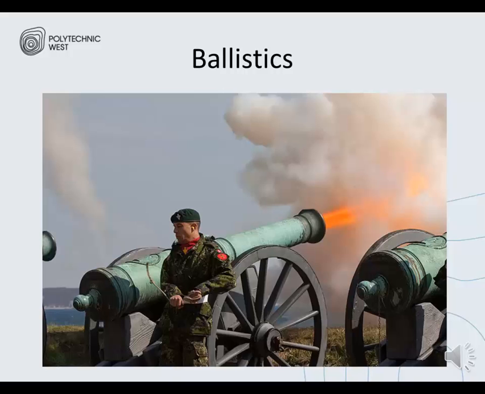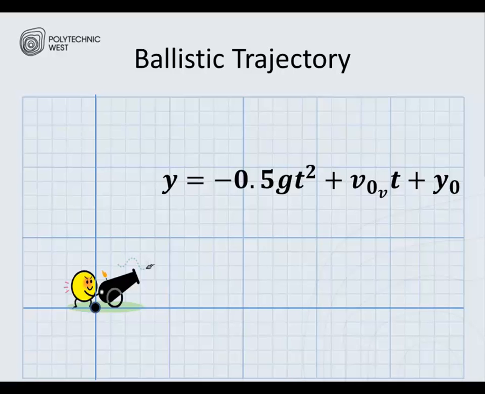None of this would have been interesting to anybody apart from mathematicians if it wasn't for ballistics. Ballistics is all about the firing of guns. Ballistic trajectory just happens to follow this equation: y equals minus 0.5gt squared plus v0t plus y0.